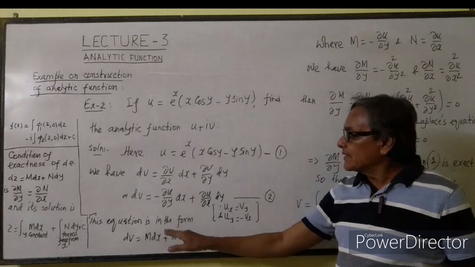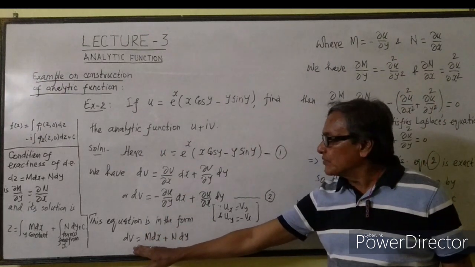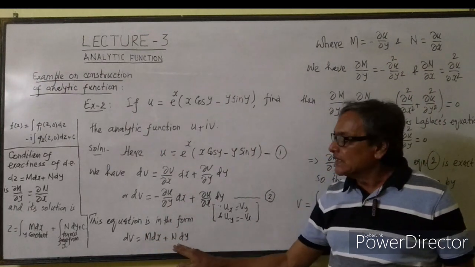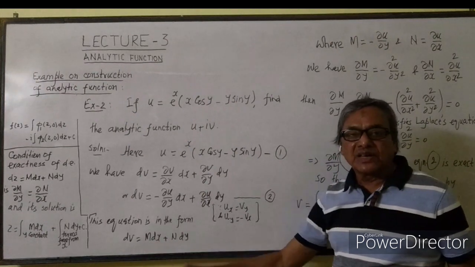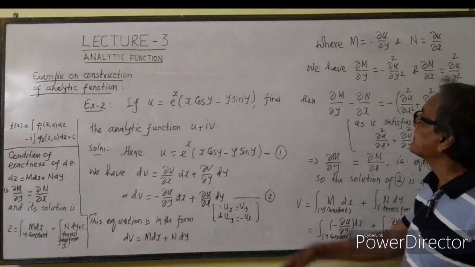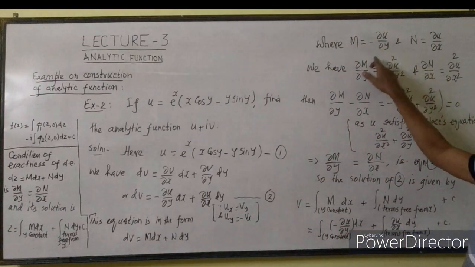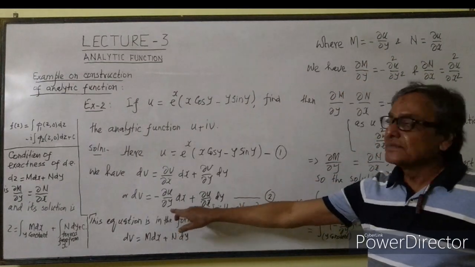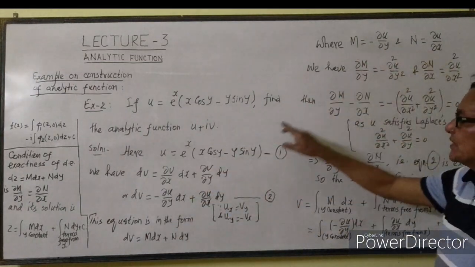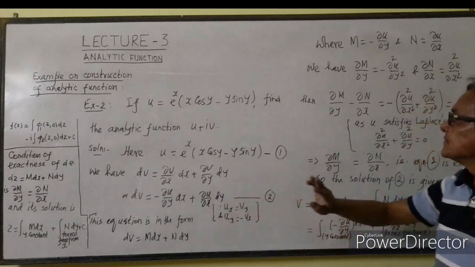So now we have here the equation dv equal to M dx plus N dy. Now I want to test whether del M del y is equal to del N del x or not, where M is minus del u del y and N is del u del x.